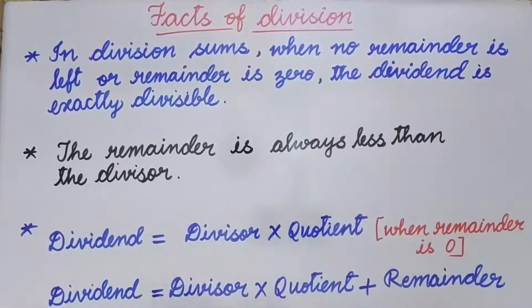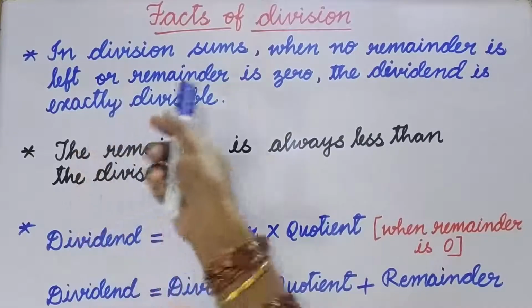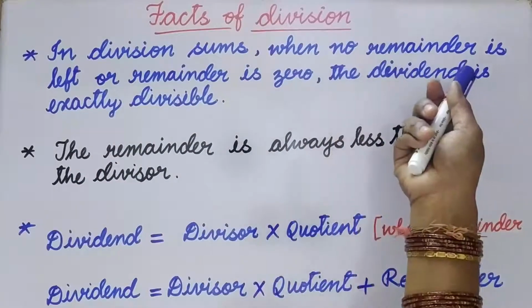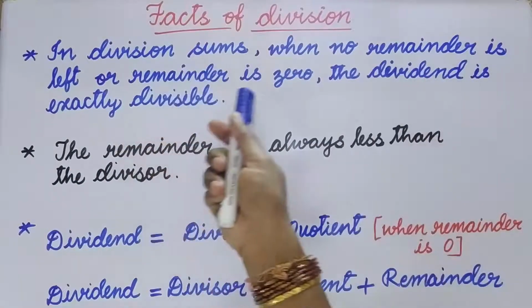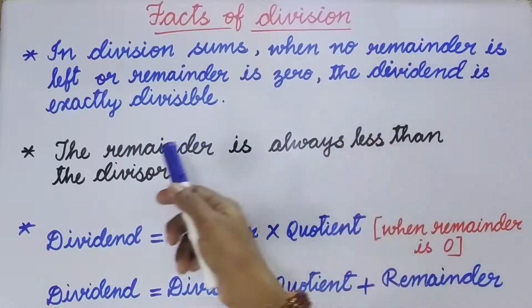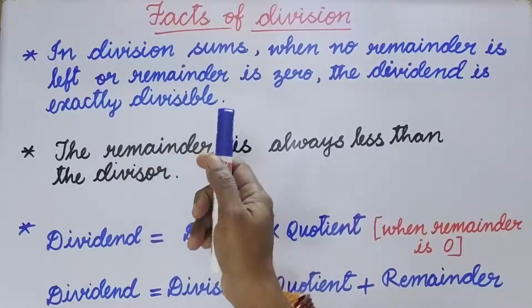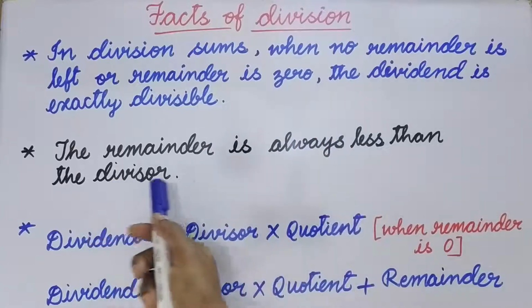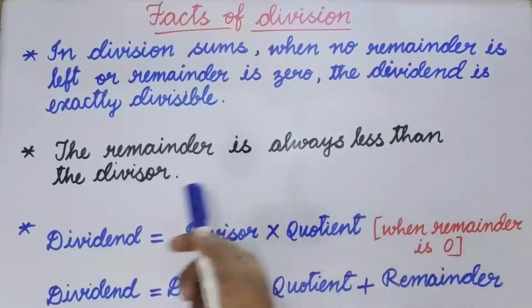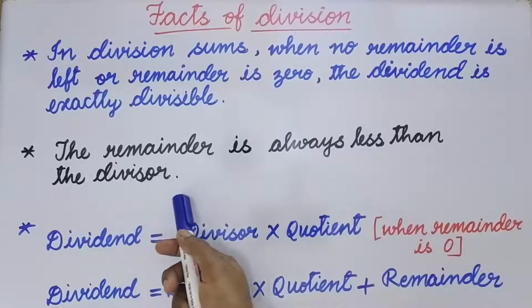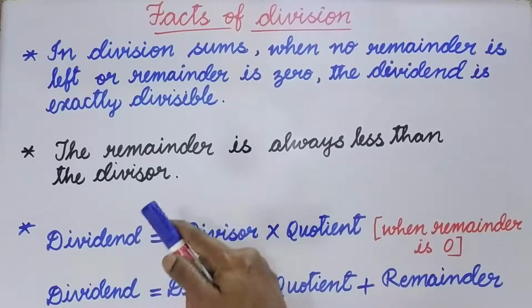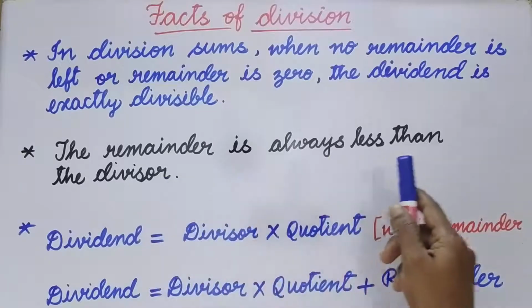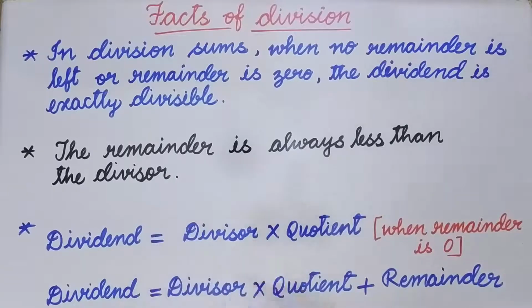Let us know a few facts of division. In division sums, when no remainder is left or the remainder is 0, the dividend is exactly divisible. We already know about these, we will just go through them. The remainder is always less than the divisor. So whenever there is a remainder left over, it will always be less than the divisor.